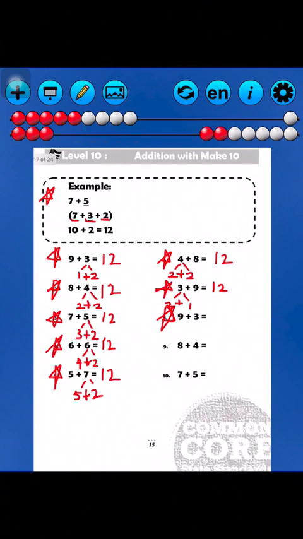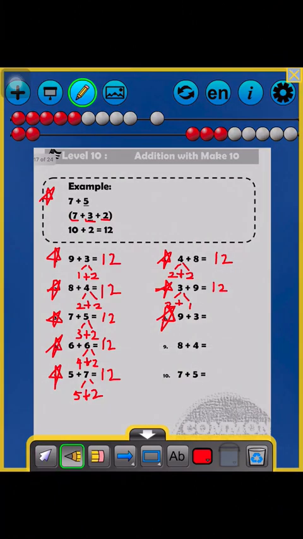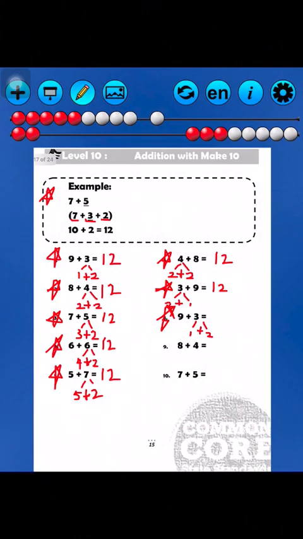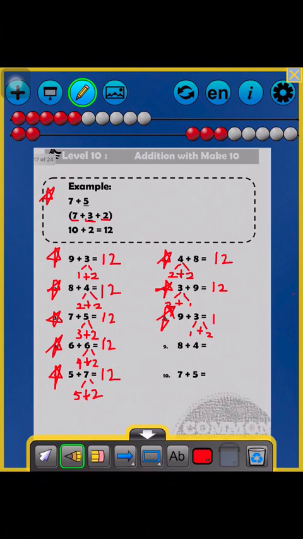So again, it's the same that 9 plus 1 equals to 10. So we take away 1 from 3 and give it to 9. So we have 9 plus 1 plus 2, which equals to 10 and 2, 12.